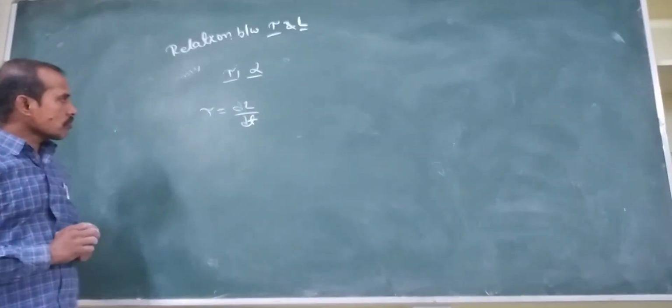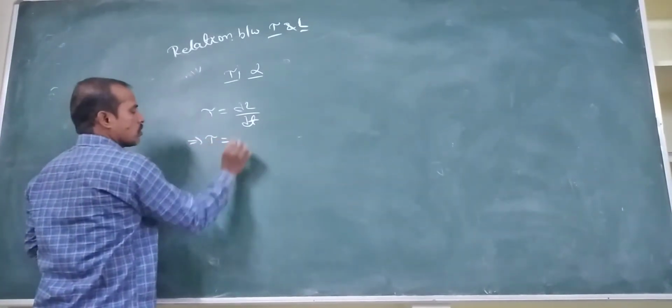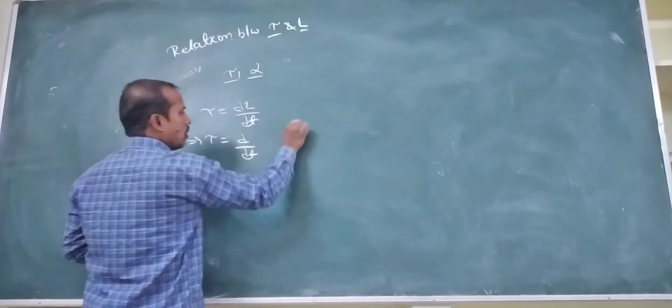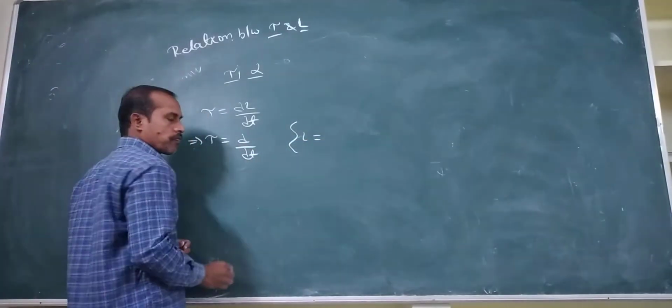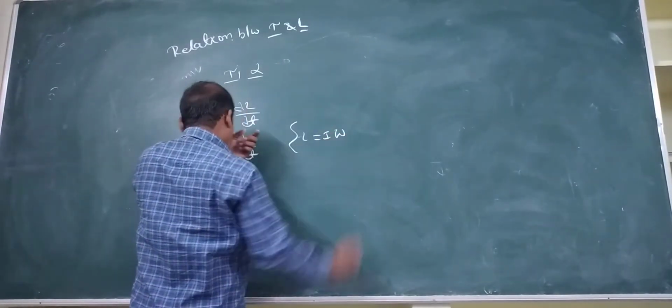Now simplifying, tau is equal to d by dt of L, where L is equal to I omega.